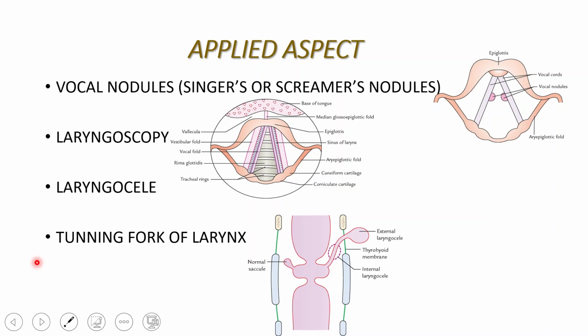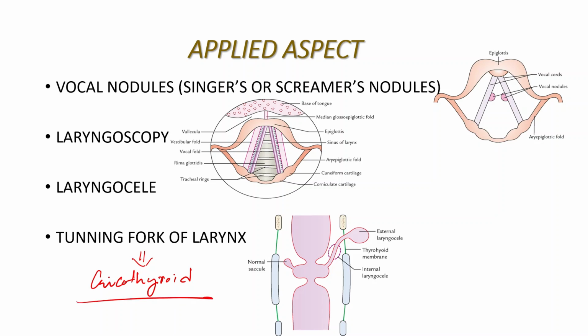So this cricothyroid muscle is called the tuning fork of the larynx, as it tenses the vocal cord and makes it ready to vibrate like that of the tuning fork. Hence called the tuning fork of the larynx.